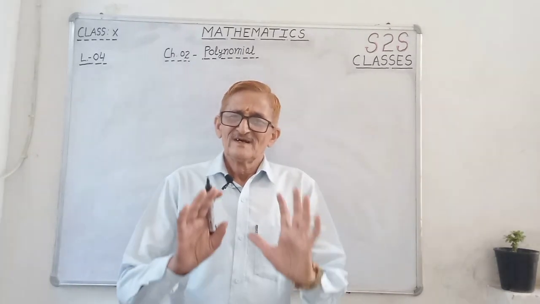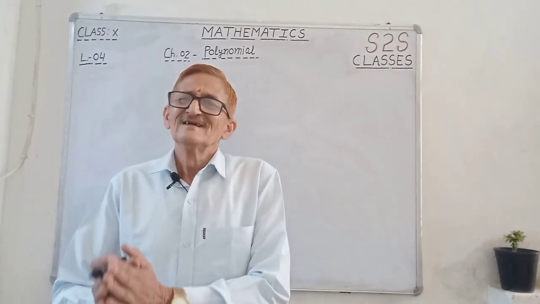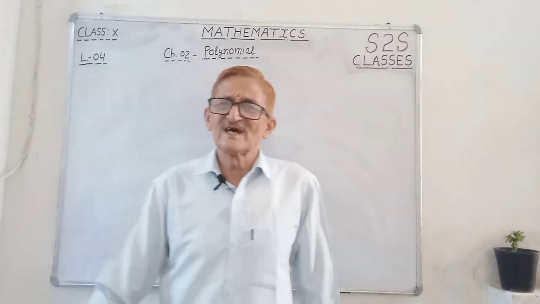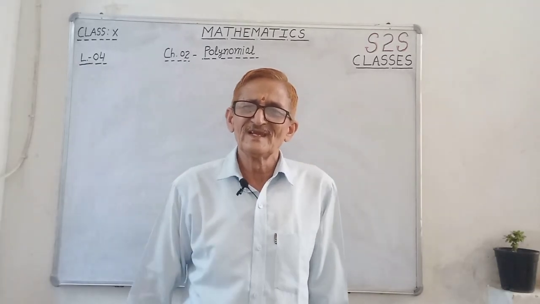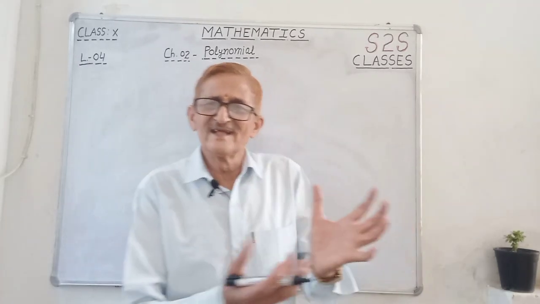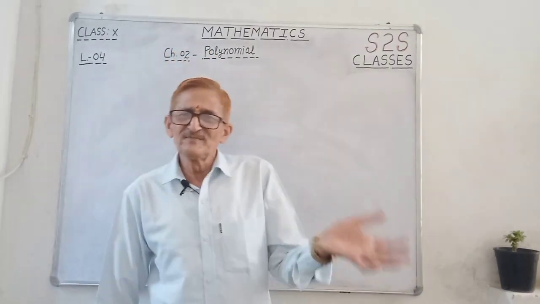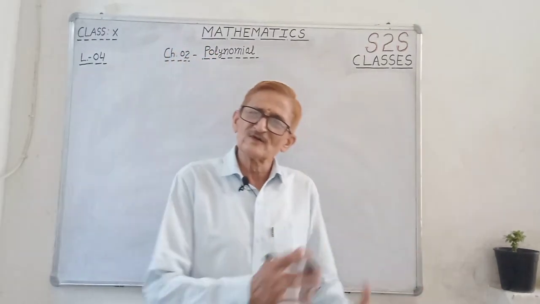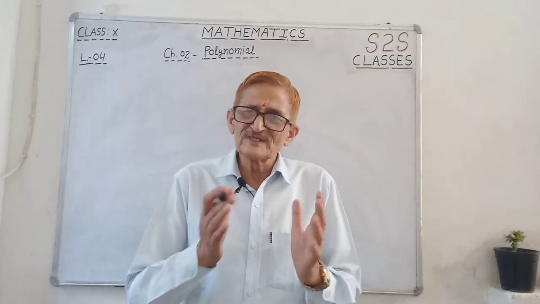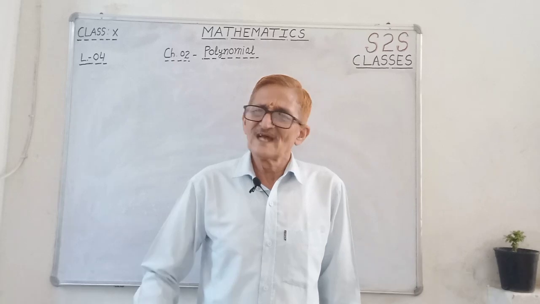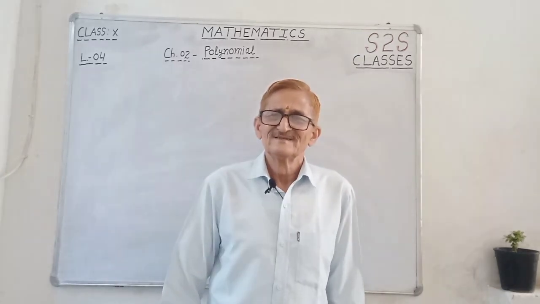Again, length is 1 centimeter more than twice its breadth. So here breadth is independent and length is the dependent quantity. Length depends on the breadth according to this statement. Always note that breadth will be the independent one.